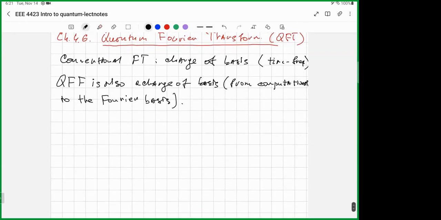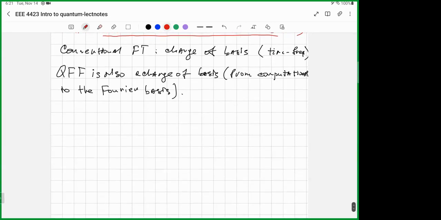So let me write down the formula for this Fourier transform. For the Fourier basis, I denote it by a tilde above the state. So this is the state x.